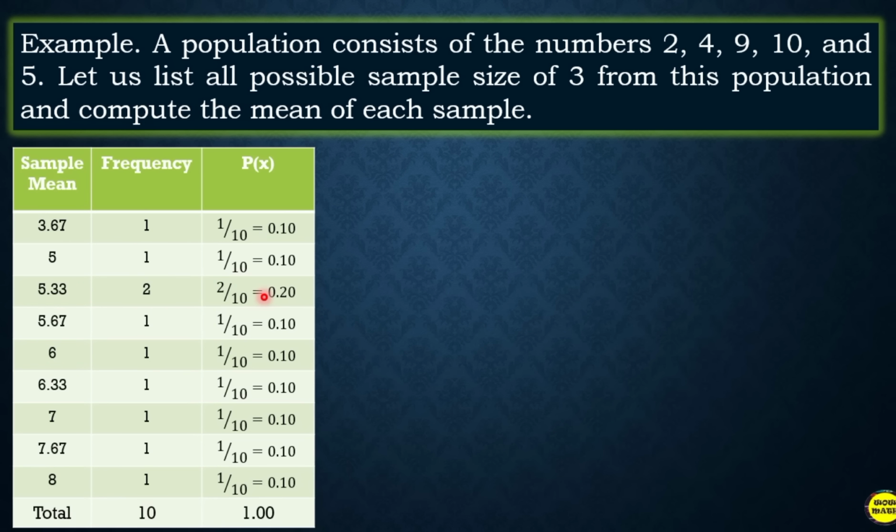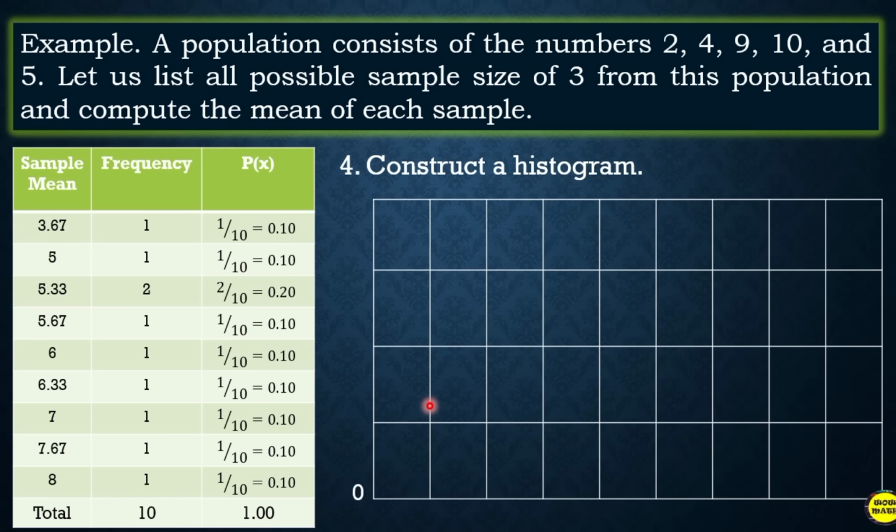Okay, the last step is to construct a histogram. Using the sampling distribution, we will construct the histogram of our sampling distribution. First, what do we put on the y-axis? Our probability. So, here we put 1 over 10, here 2 over 10, 3 over 10, 4 over 10.